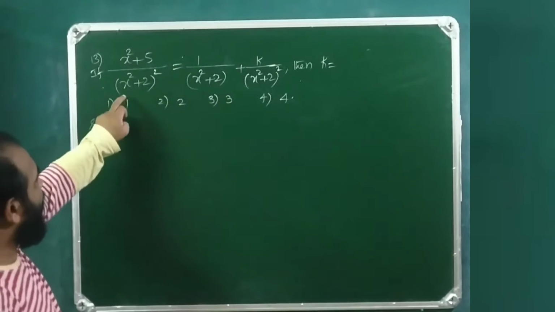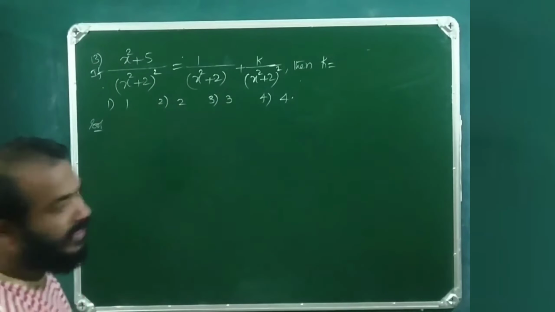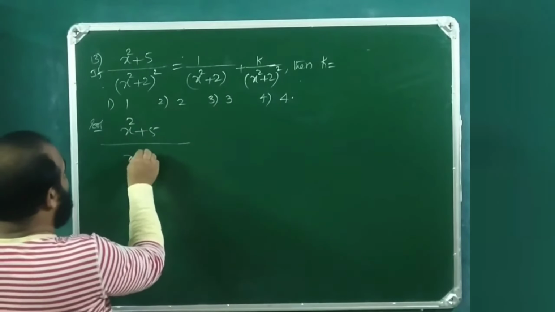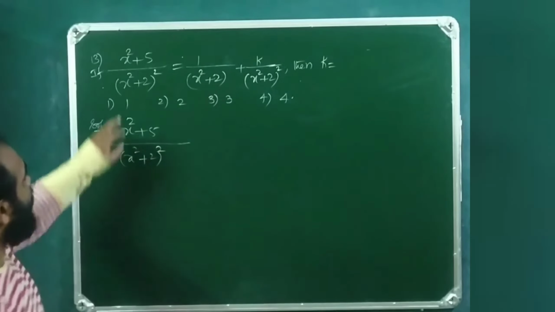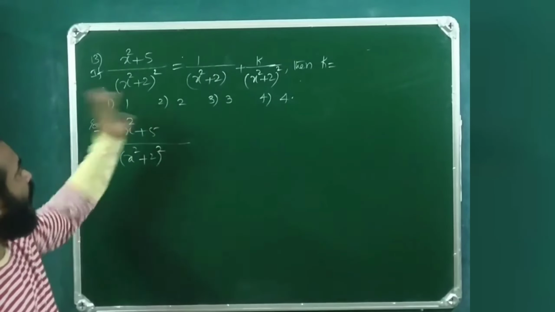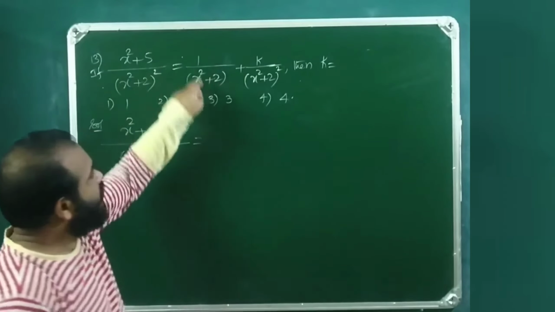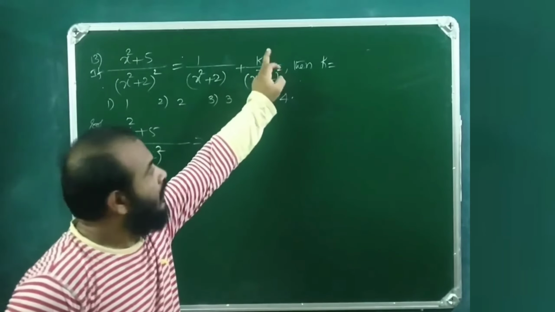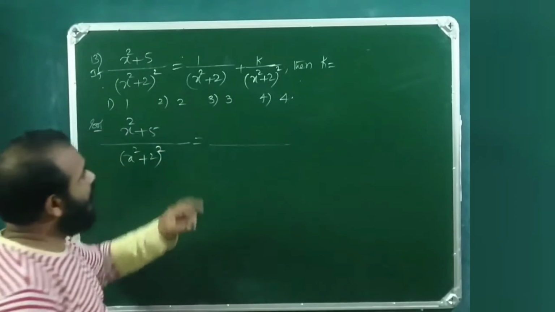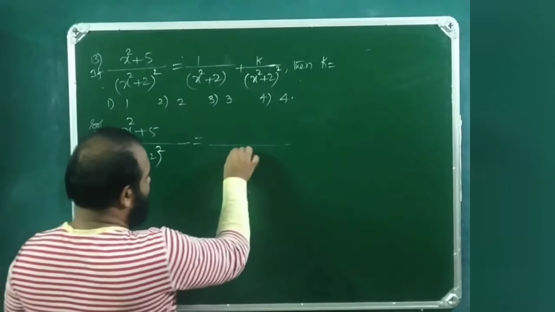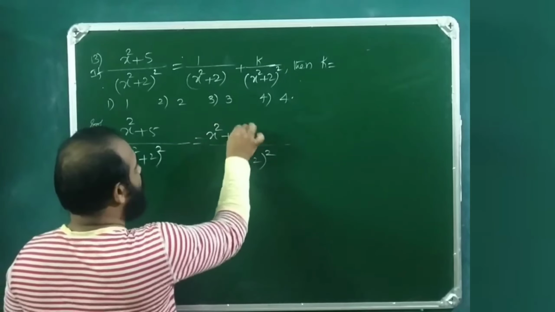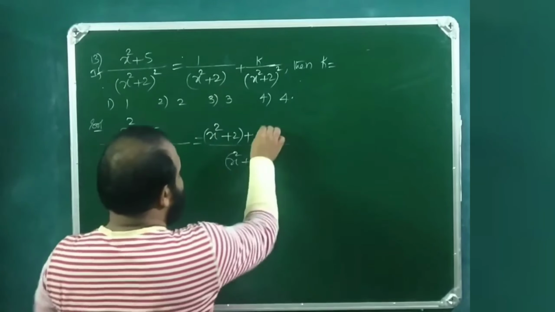(x square plus 5) by (x square plus 2) whole square is equal to this. Then k equals to... So this is an irreducible, repeated irreducible quadratic factor, so this is (ax plus b) by... (cx plus d) by... So here already it is given. So (x square plus 2) whole square is the LCM, and this is x square plus 2 plus k.